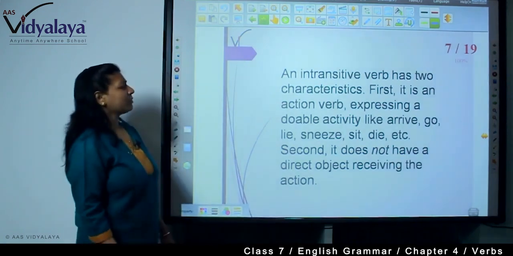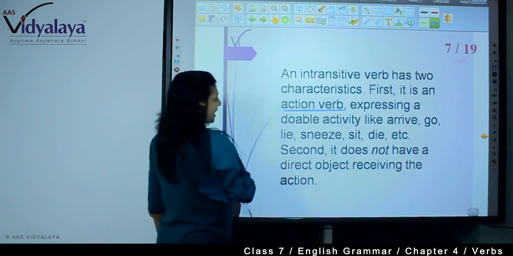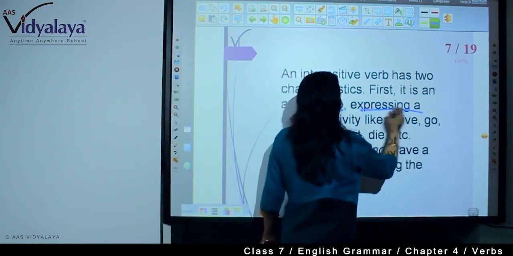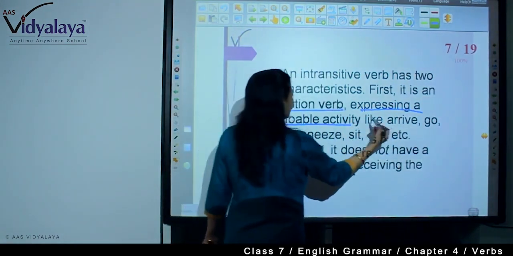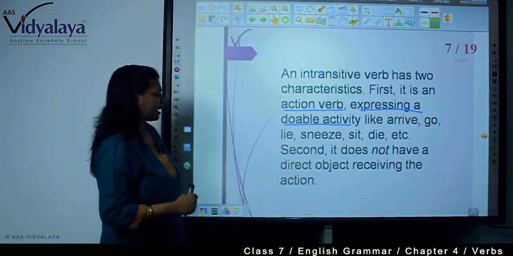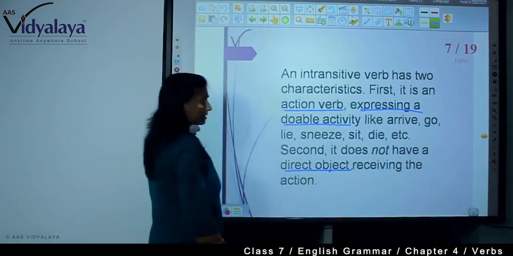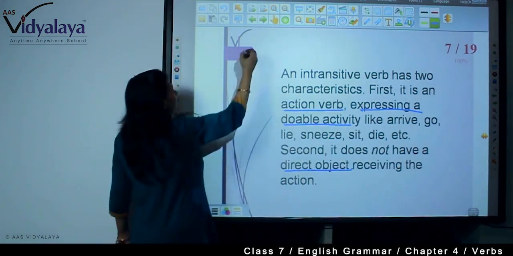An intransitive verb has two characteristics. First, it is an action verb expressing a doable activity like arrive, go, lie, sneeze, sit, die, etc. And second, it does not have a direct object receiving the action.